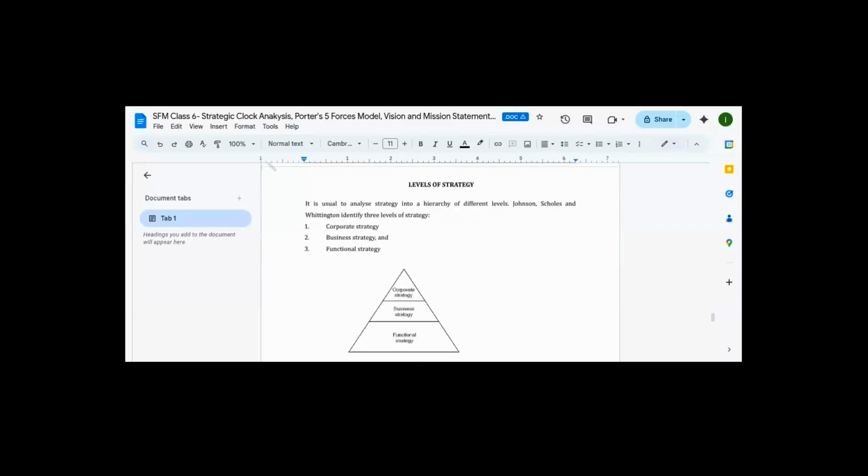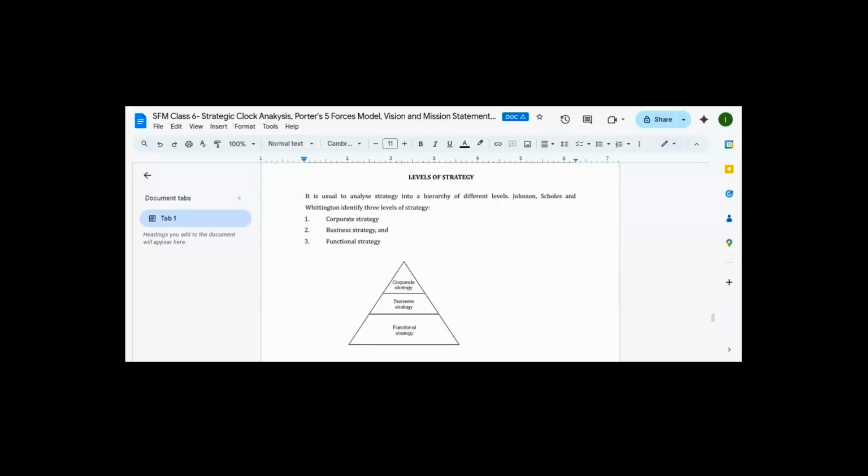So having looked at that, we refresh on levels of strategy, because we mentioned it in our first lecture. In the levels of strategy, I want us to know that there are 3 levels of strategy as postulated by Johnson, Scholes, and Whittington.